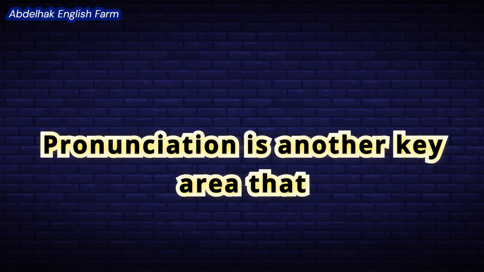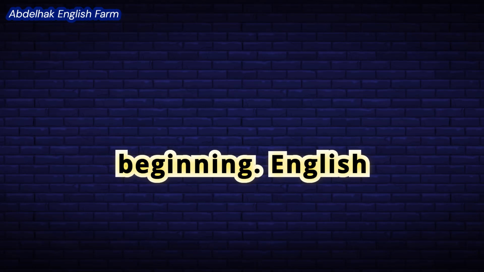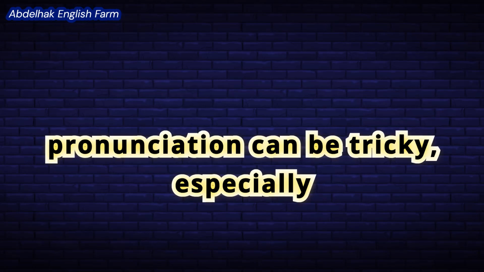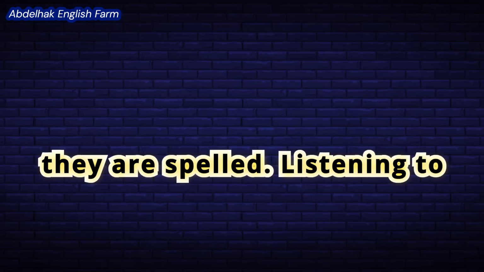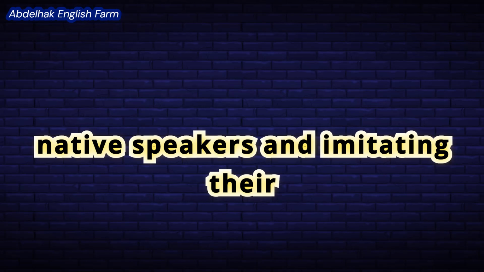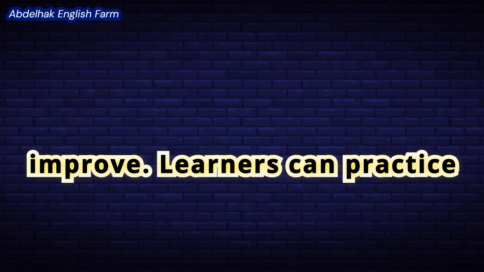Pronunciation is another key area that learners should focus on from the beginning. English pronunciation can be tricky, especially since many words are not pronounced as they are spelled. Listening to native speakers and imitating their pronunciation is a great way to improve.